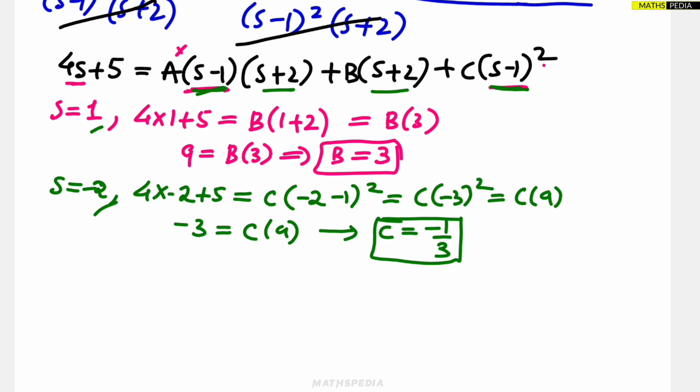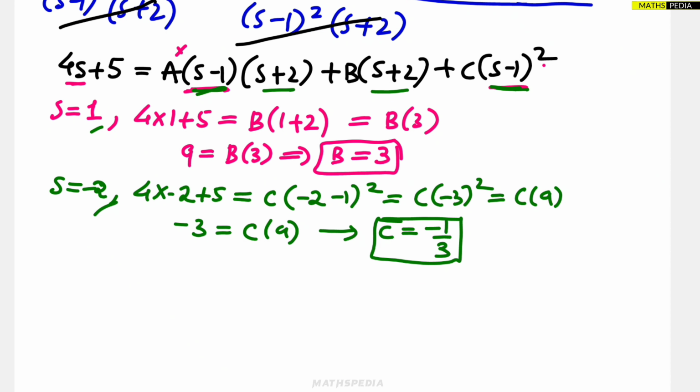Okay, so we'll compare. For comparison, first expand this thing. So 4s plus 5 is equal to A into, so we have to expand this entire thing. It will be s square plus 2s minus s minus 2, plus this will be bs plus 2b, and this will be c into (s square minus 2s plus 1).